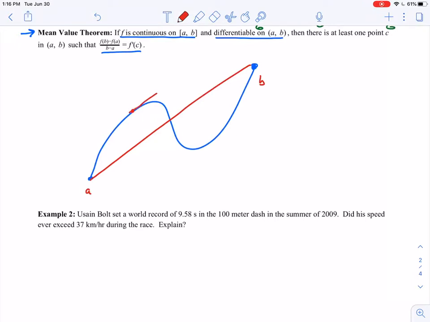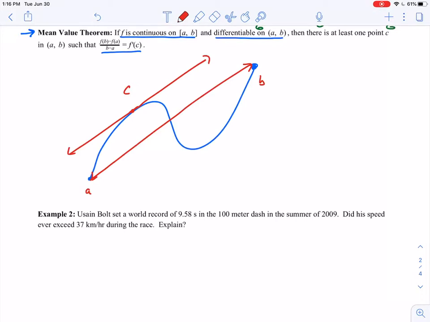If you were to sketch in the slope of the tangent line at that x value, at this point c, I would have the exact same slope as this other red line. So I would essentially have two parallel lines.